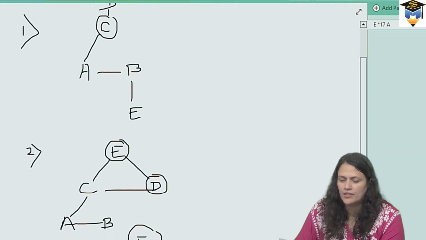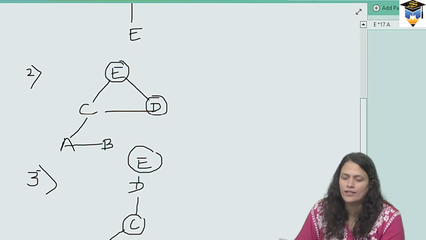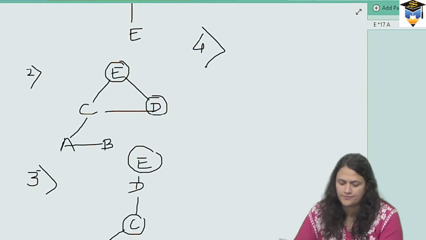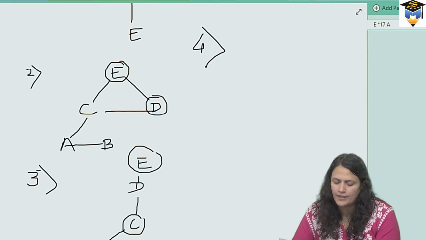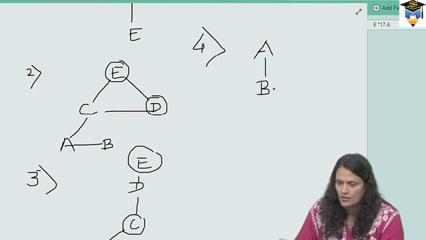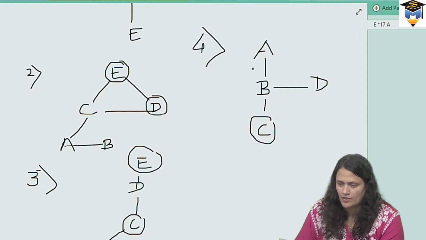Please write along with me so that it will be easier for you. Draw the diagrams along with me. Now the fourth one I'll draw over here. A is the father of B. C is a daughter, E is a son.